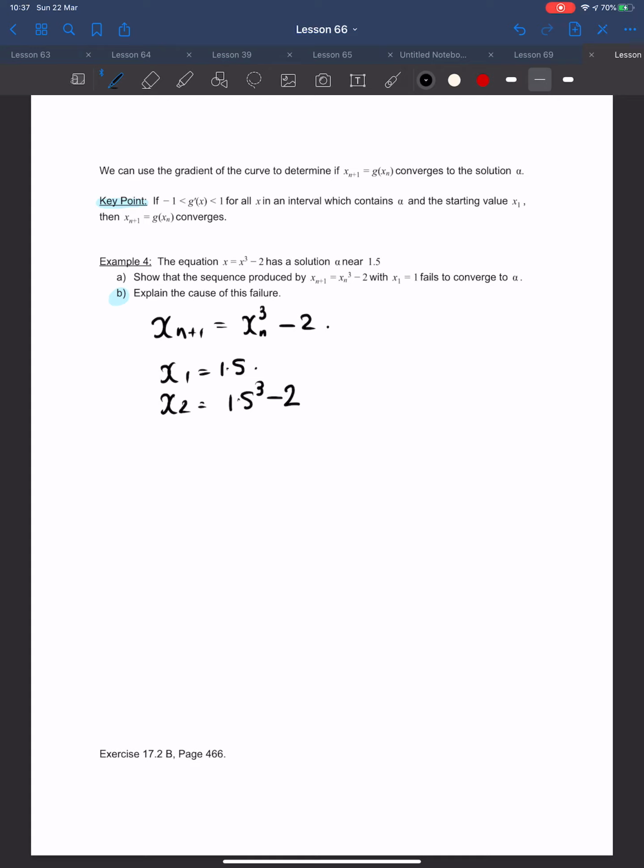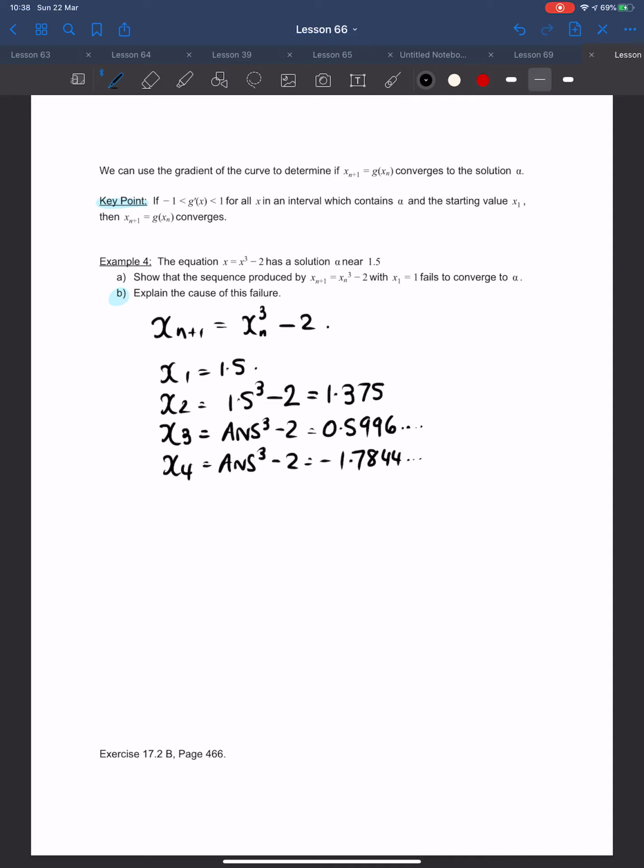Right, 1.5 cubed minus 2 equals 1.375. Answer cubed minus 2. x3 is answer cubed minus 2, which is 0.5996, etc. Answer cubed minus 2. x4 is minus 1.7844, etc.